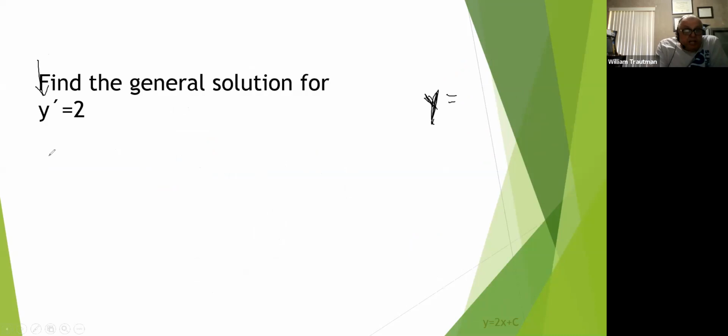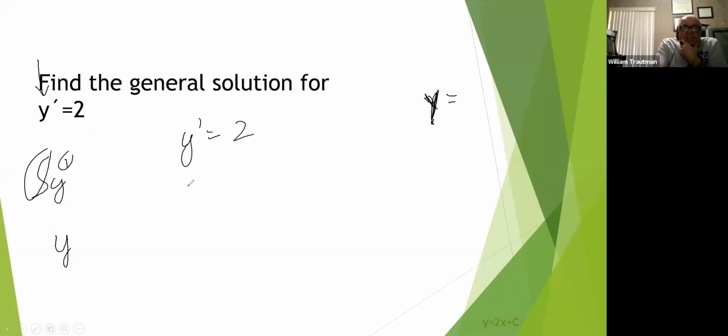In other words, we have to integrate y prime, because when you integrate y prime, you end up right back to y. The derivative and integration cancel each other out. So for this problem, y prime equals 2, I have to take the integration.